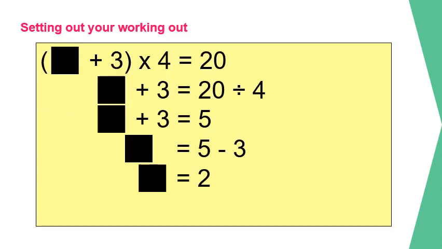So here we've got that same problem. We started with our number sentence at the top. On each line as I go down, as I'm simplifying this equation, this number sentence, I'm making sure that my equal sign lines up. This is so important. It also gives me the sense that each side is balancing all the way through. If the equal signs are all over the place, it's harder to see.